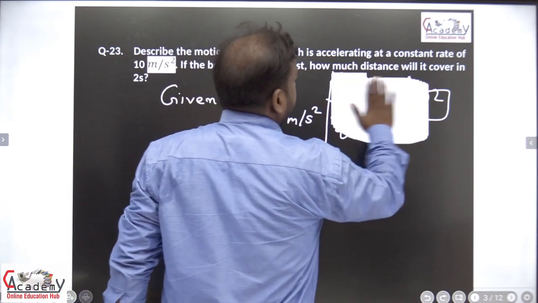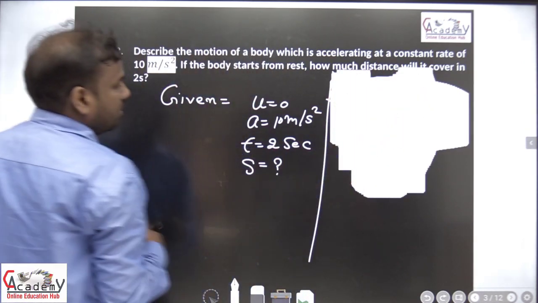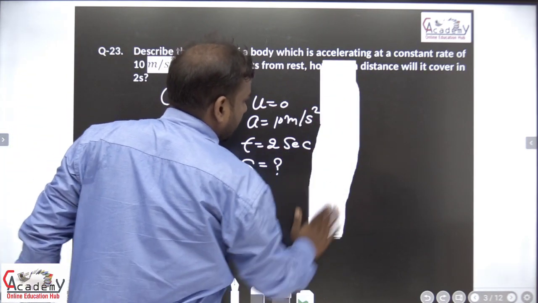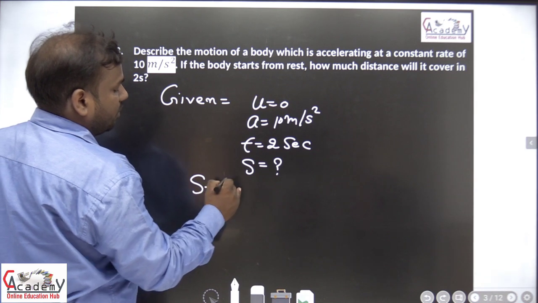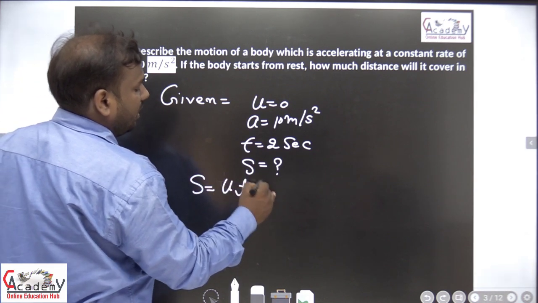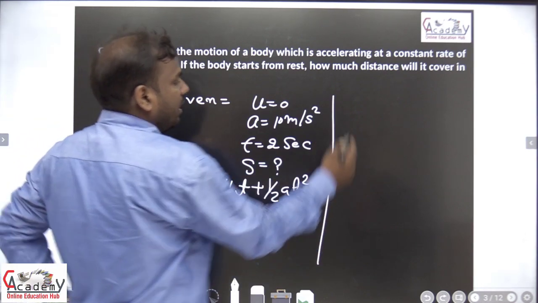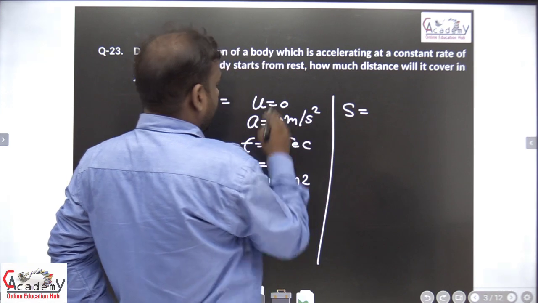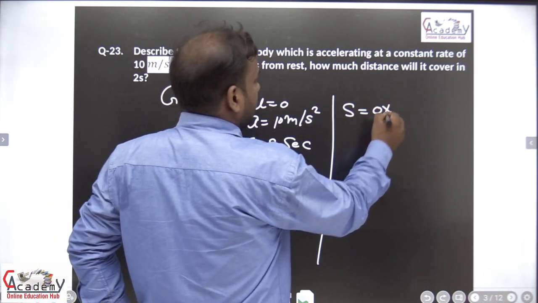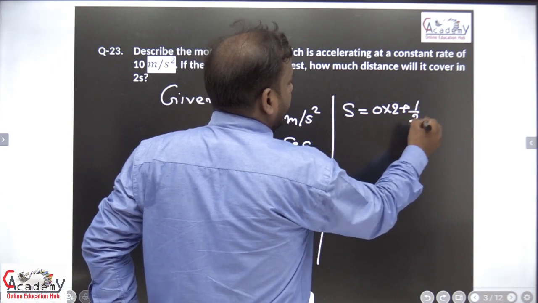Now we use the second equation of motion. What is the second equation of motion? s is equal to ut plus half at square. What is the initial velocity? u is 0, so 0 multiplied by t plus half a.